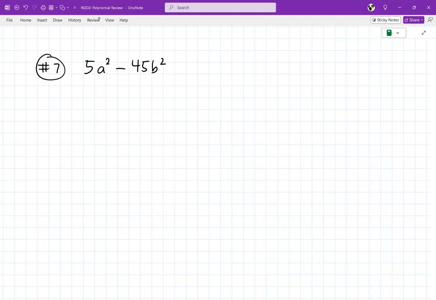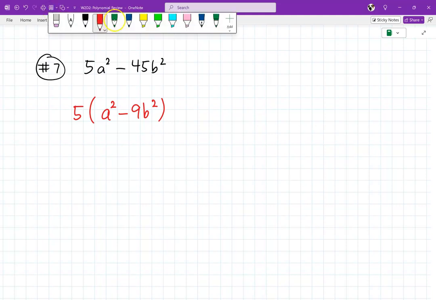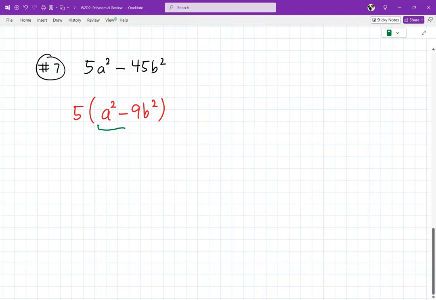So I notice 5 and 45, they both have a 5 in common. So let me take out a 5 first, okay? And I'm going to write a squared minus 9b squared. And now I'm just going to focus on this part right here. So what squared is a squared? Just a.